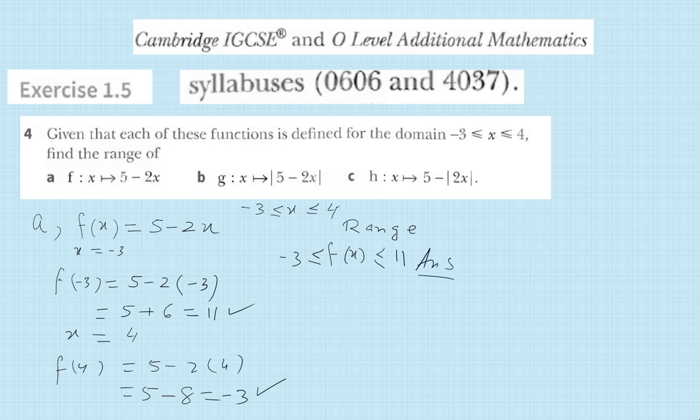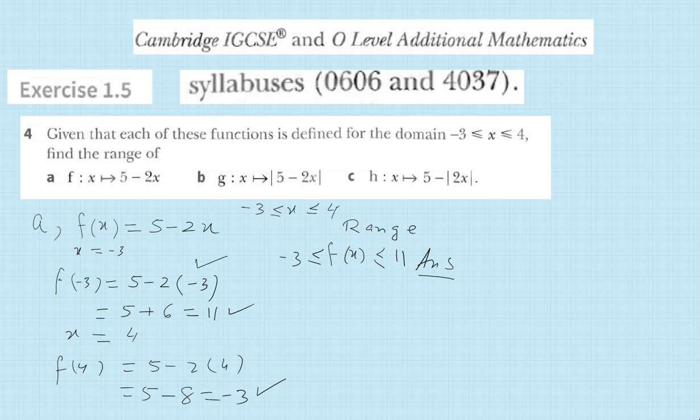Keep in mind, it is not necessary that you always get the range by putting the smallest and the highest value. Sometimes the answer goes wrong. So whenever you find the range with the help of a given domain, you must check at least 2 to 3 values. What I mean is, I put minus 3 and get 11.